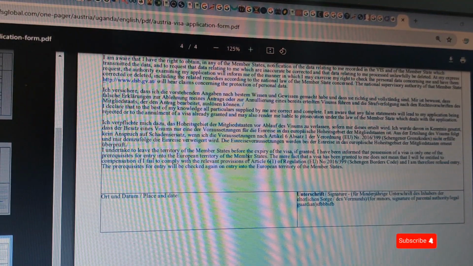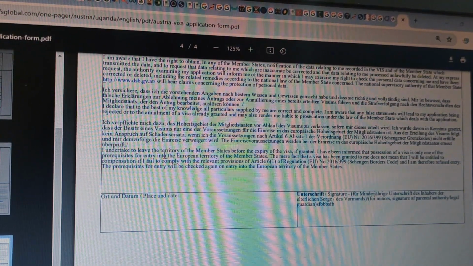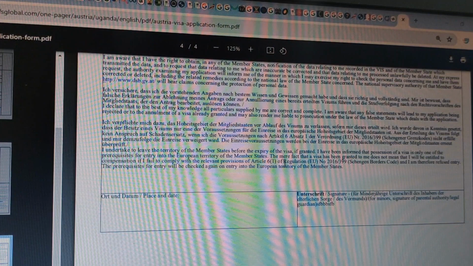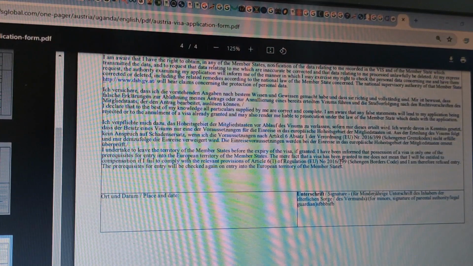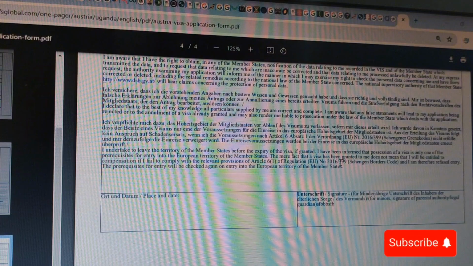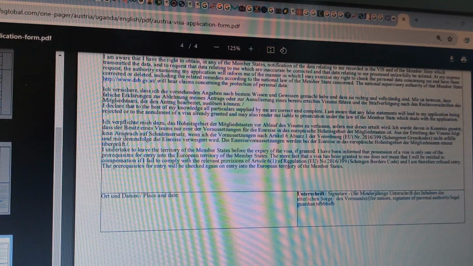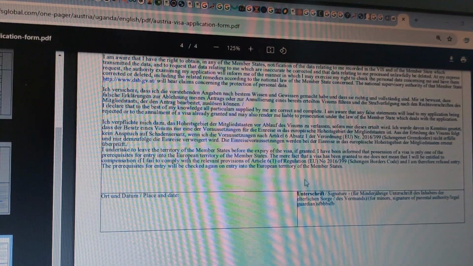I have been informed that possession of a visa is only one of the prerequisites for entry into the European territory of member states. The mere fact that a visa has been granted to me does not mean that I will be entitled to compensation if I fail to comply with the relevant provisions of Article 6(1) of Regulation EU 2016/399 Schengen Borders Code, and I am therefore refused entry.